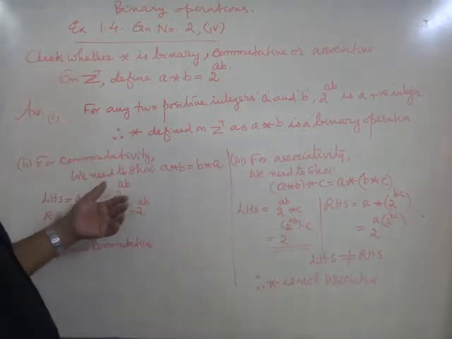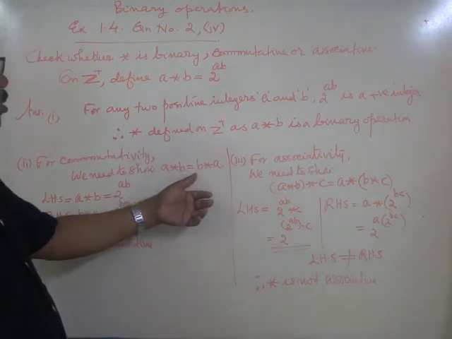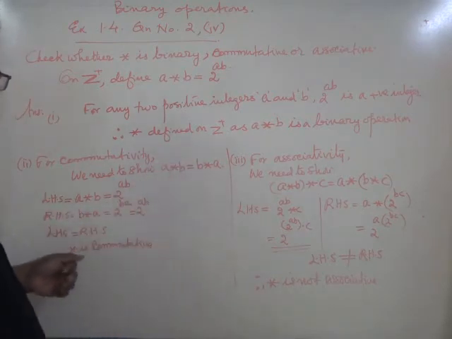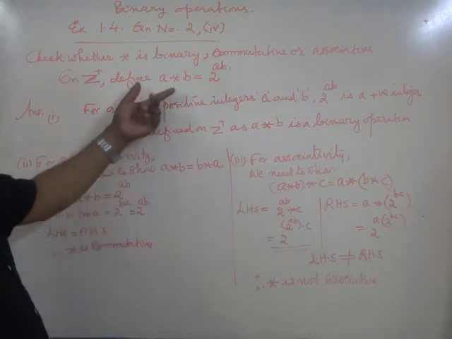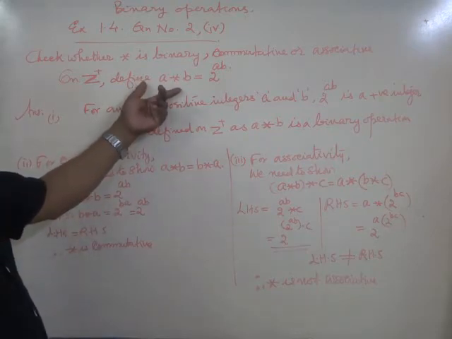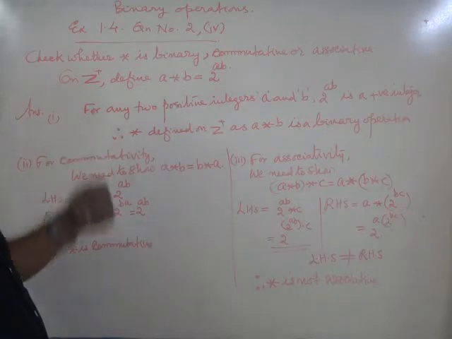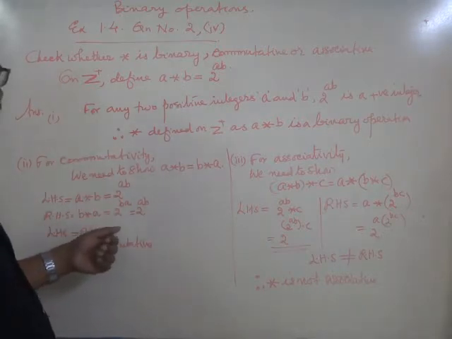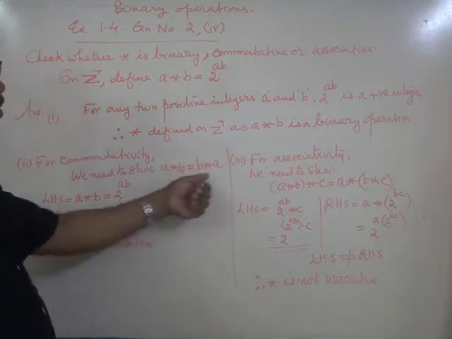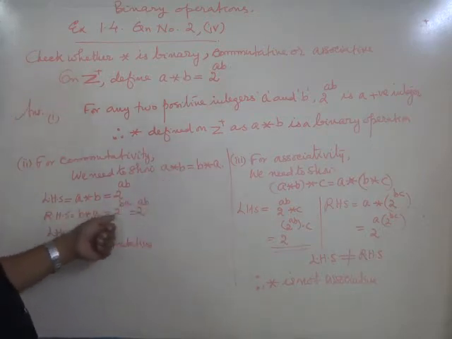For commutativity, we need to show a star b equals b star a. Left hand side is a star b, that is equal to 2 raised to ab as defined in the given definition. A star b is equal to 2 raised to ab. Similarly, right hand side, that is b star a, that is 2 raised to ba.